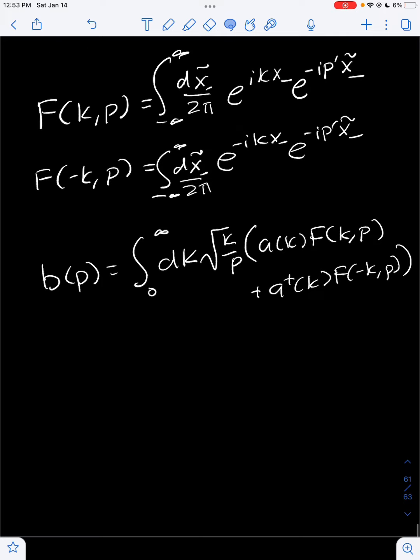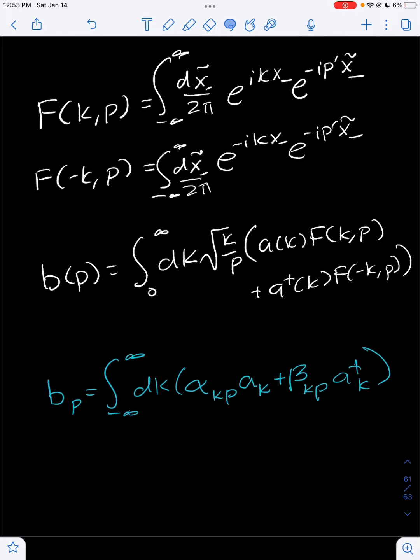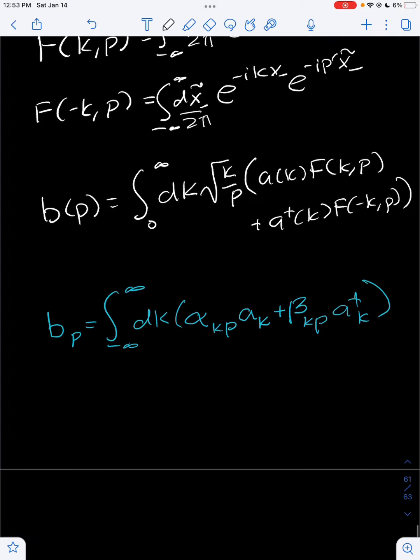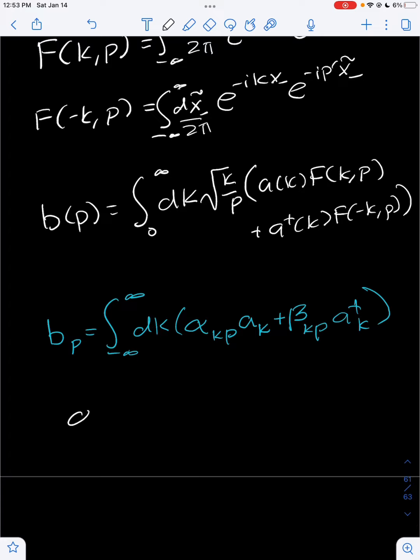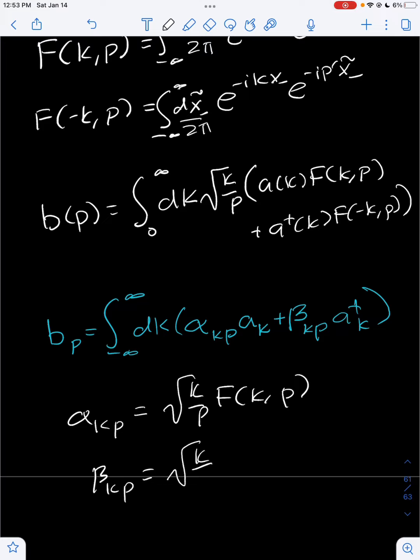And we can paste our formula over here, and then we can immediately match up our coefficients, the Bogoliubov coefficients, and we'll see that alpha kp is just going to be equal to the square root of k over p, f kp, and then beta kp equals the square root of k over p, f minus kp.